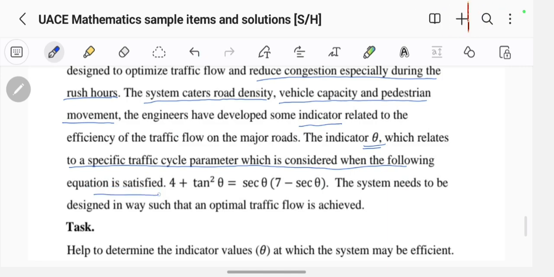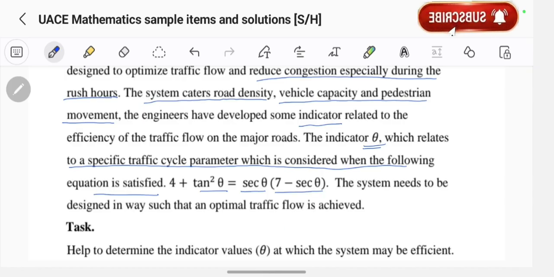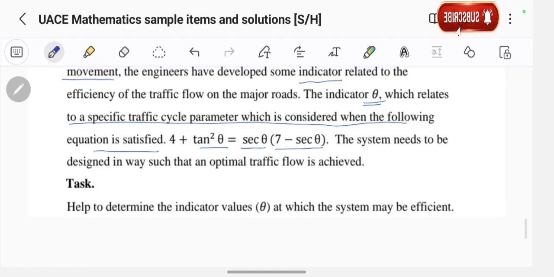And the equation is 4 plus tan squared theta is equal to sec theta (7 minus sec theta). The system needs to be designed in a way such that an optimal traffic flow is achieved. Then the task is to help determine the indicator values.